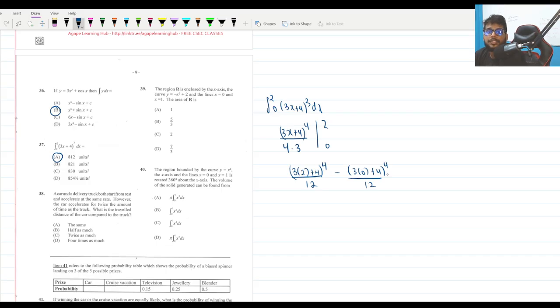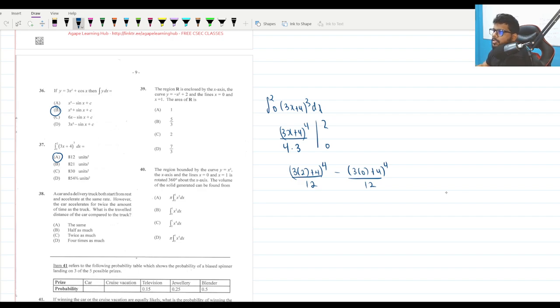38, a worded question. A car and a delivery truck both start from rest and accelerate at the same rate. However, the car accelerates for twice the amount of time as the truck. What is the traveled distance of the car compared to the truck?